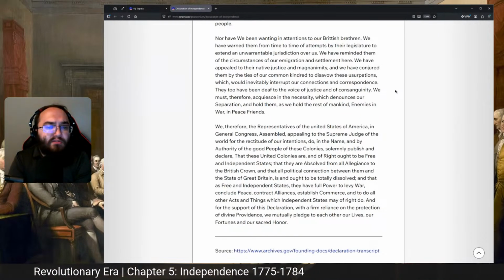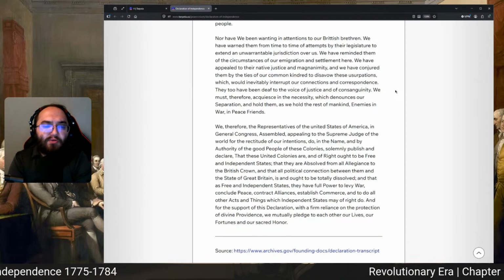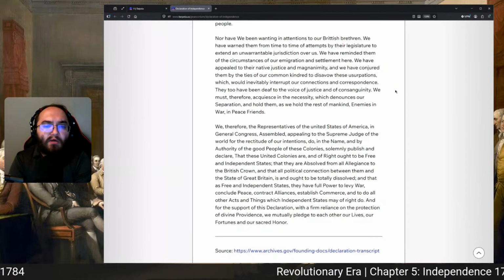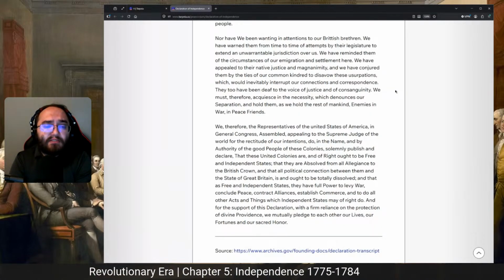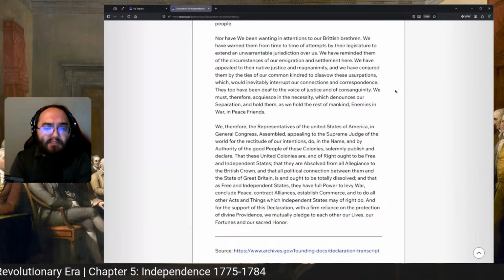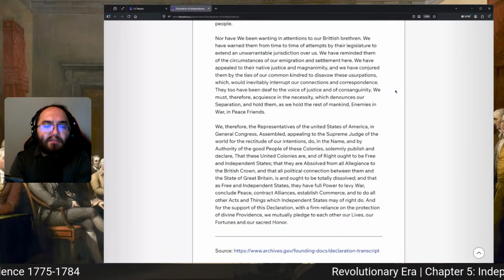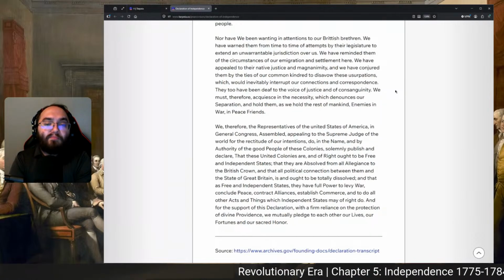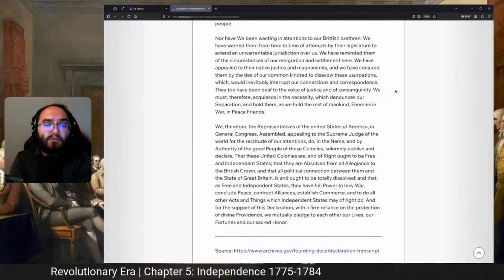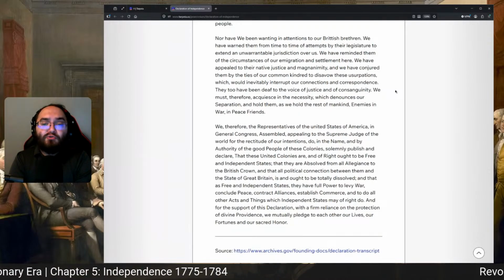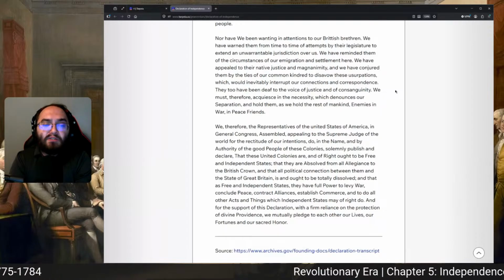We have warned them from time to time of attempts by their legislature to extend an unwarrantable jurisdiction over us. We have reminded them of the circumstances of our immigration and settlement here. We have appealed to their native justice and magnanimity, and we have conjured them by the ties of our common kindred to disavow these usurpations, which would inevitably interrupt our connections and correspondence.